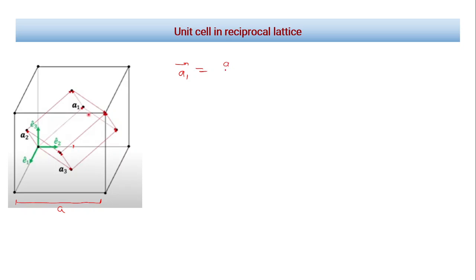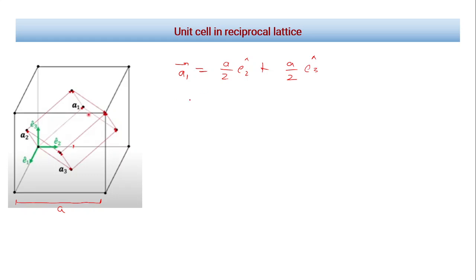Then I need to go half up along E3 direction, to reach this. Because this atom is at the back face, so it is at the center of the face, so only half I need to move.